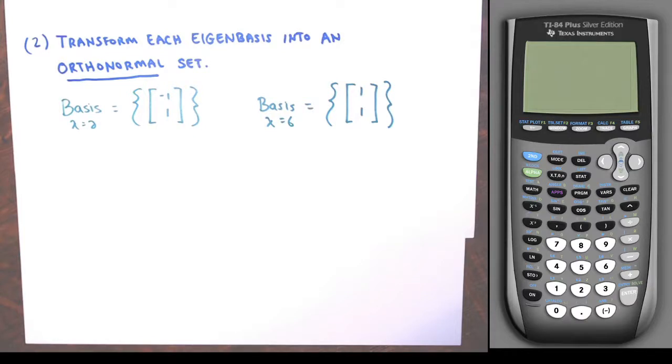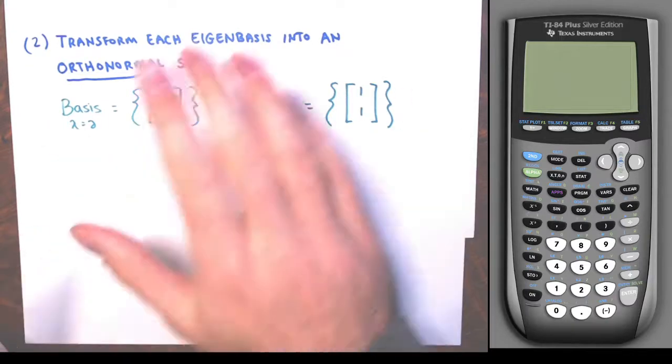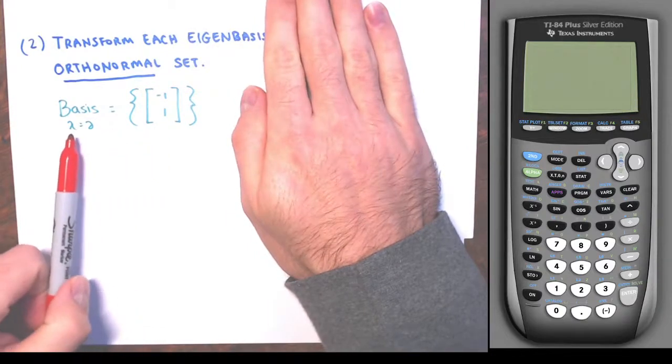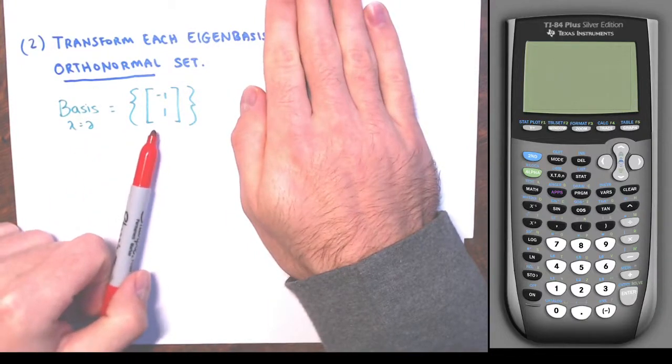Divide each vector by its norm to get an orthonormal set. I'll start off with this basis here, the basis for when lambda was equal to 2. You could say this set is orthogonal because it's only got one vector, but it's not orthonormal. What's the norm of this vector?